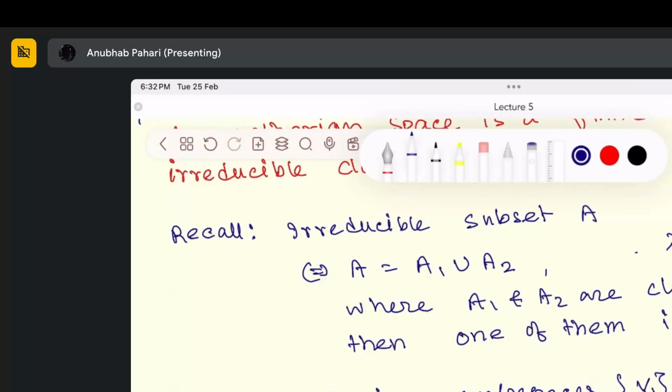The second is that any point is closed, at least in our T1 topology. Any single point is irreducible, so it should be contained in a maximal irreducible subspace.